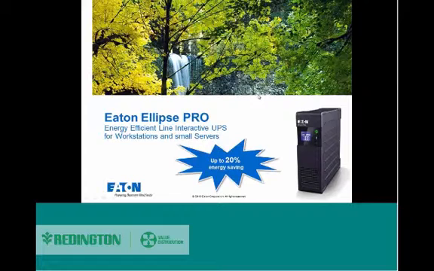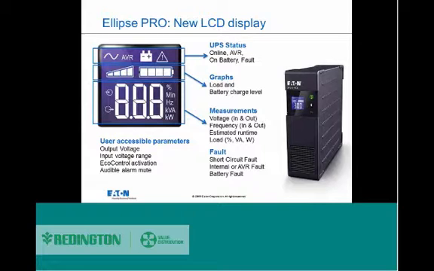The Eaton Ellipse Pro is a line interactive UPS, which is recently launched. As you can see, the new models of the Ellipse, called the Ellipse Pro, come with LCD screens, basically a display wherein the IT administrator or the engineer can go and see what is the current load running on the UPS.